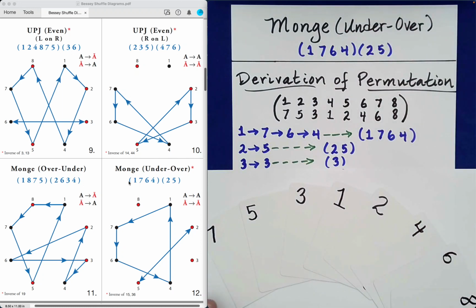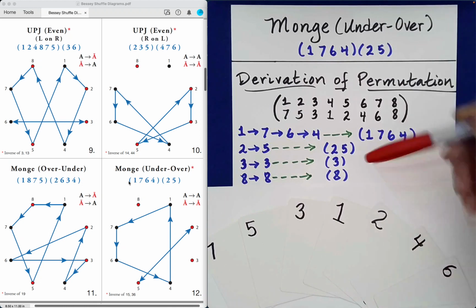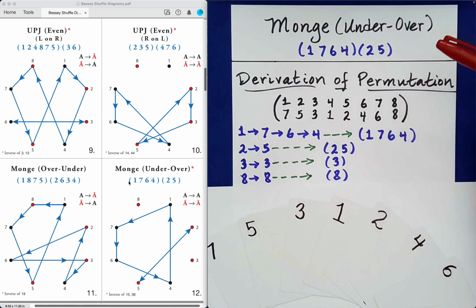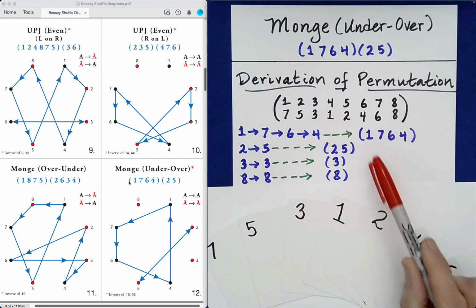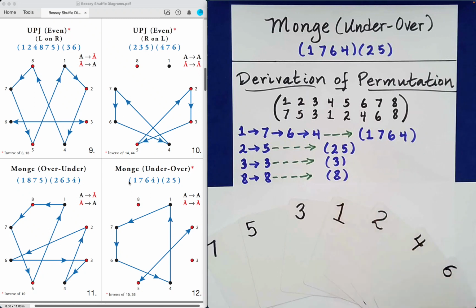So 3 goes to 3, so we have a fixed point, or a single cycle, sometimes called a 1-cycle. And the same thing is true for position 8. Whatever starts in position 8 will end in position 8. It won't go anywhere in the end. It will be returned to its original location. Okay, so we have a 4-cycle, a transposition, and 2 fixed points.